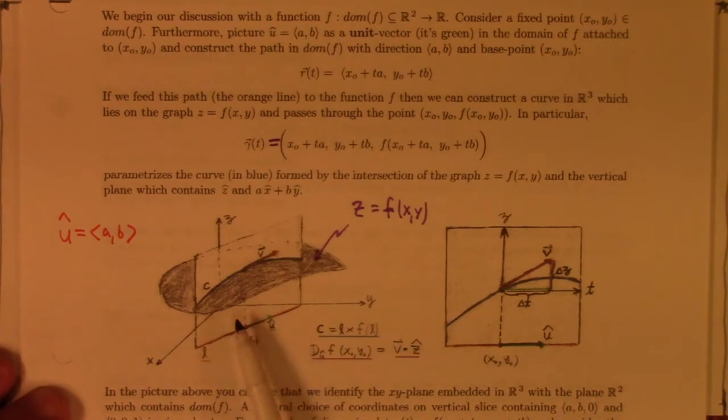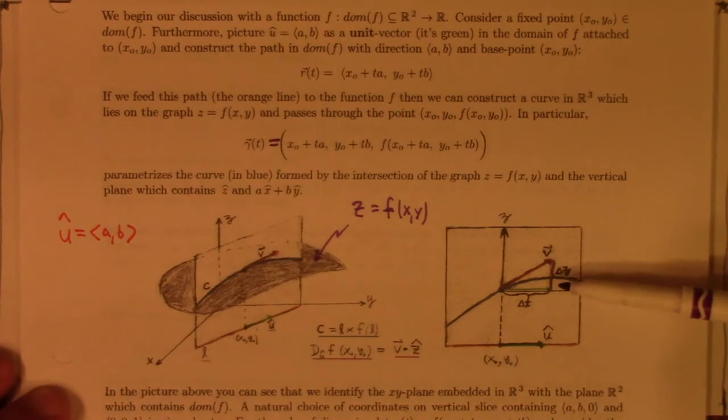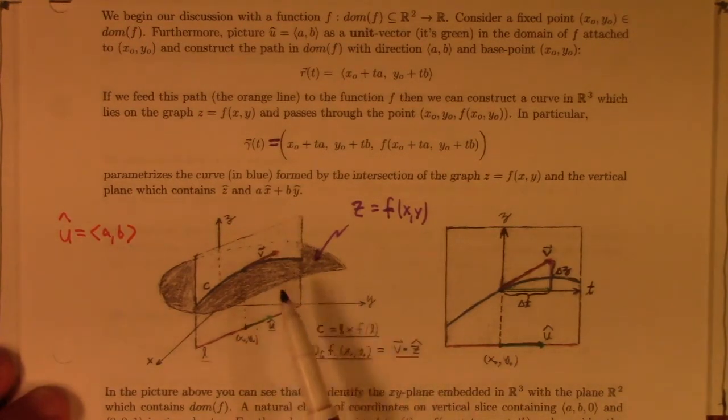The unit vector a, b actually lies in this vertical slice, and the intersection of the graph with the vertical plane is the blue line, and so the tangent vector to that curve would be v, and you can see that that tangent vector must lie in the vertical plane because of the geometry here.